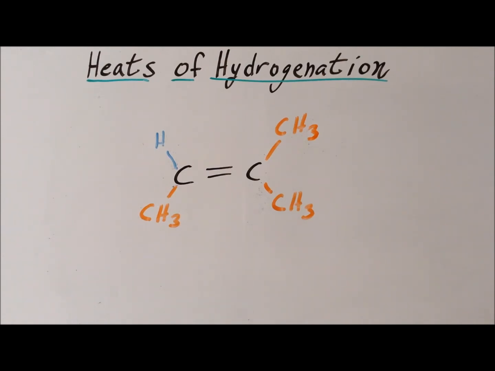We notice here that only one of the R groups is a simple hydrogen atom, giving us three R groups that are alkyl groups. Each one happens to be a methyl group. Since 2-methyl-2-butene, shown here, has 3 alkyl R groups, it is going to be more stable than 2-methyl-1-butene, which only had 2 alkyl R groups.